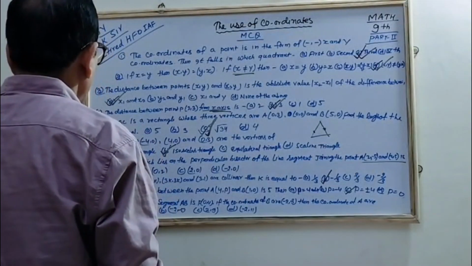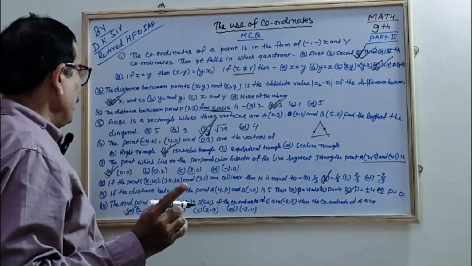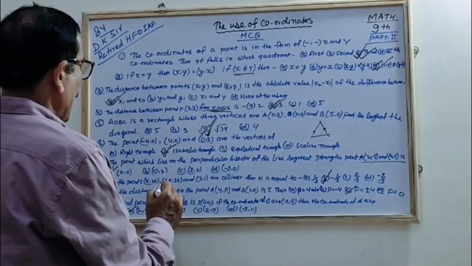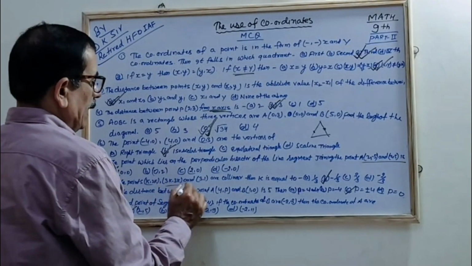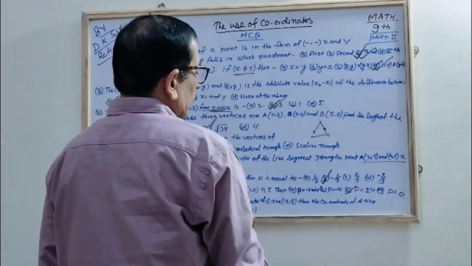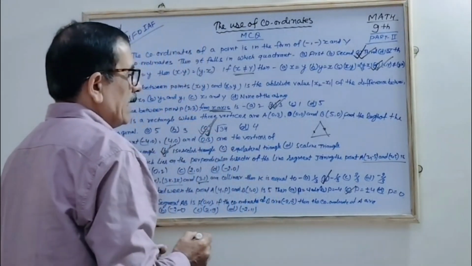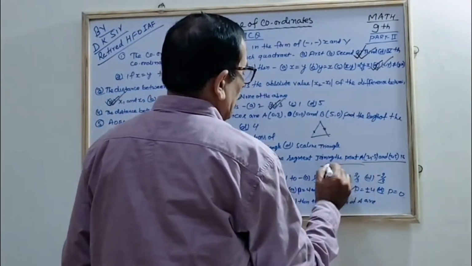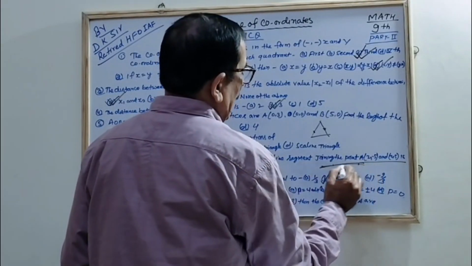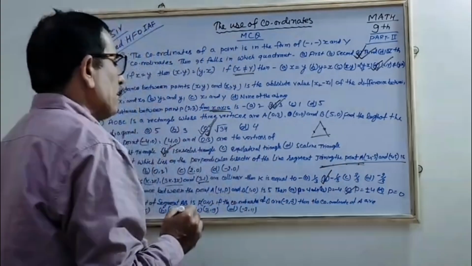If the points given are k, 2k, 3k, 3 and 1 are collinear. Collinear means, you understand, when all the points fall on a straight line, we say they are all collinear points.